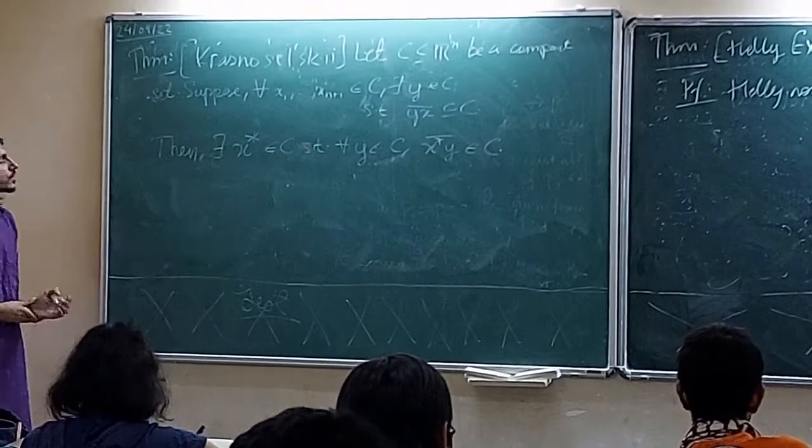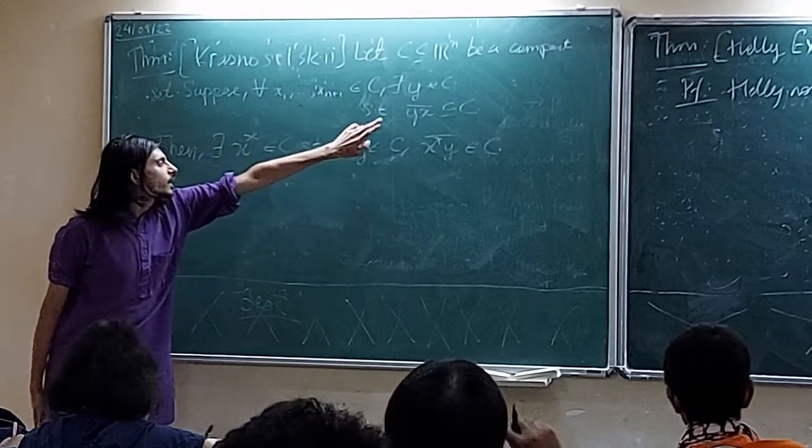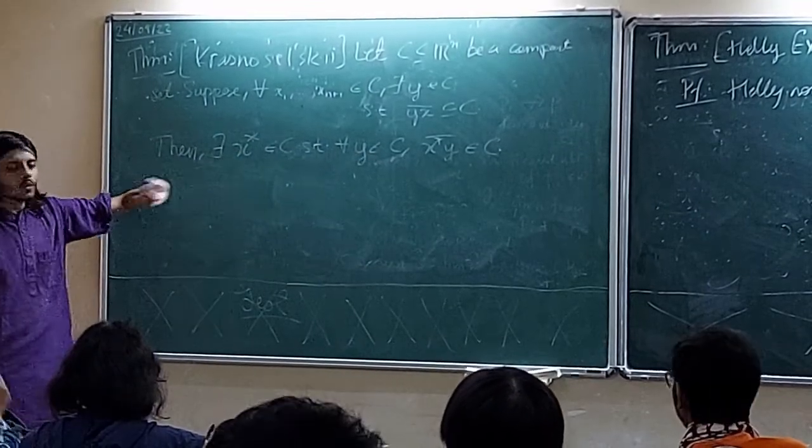What I told you is that every n plus 1 points being able to be watched by a single watchman implies that the entire art gallery can be watched by a single watchman.